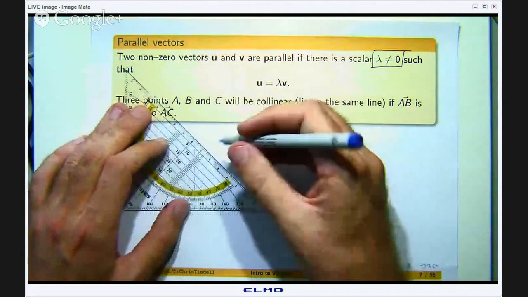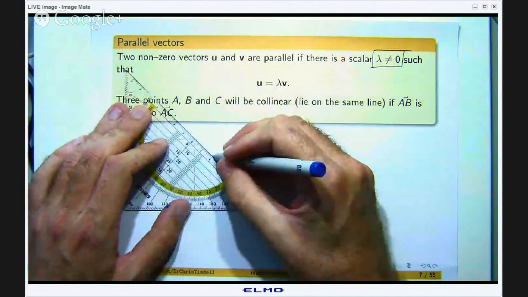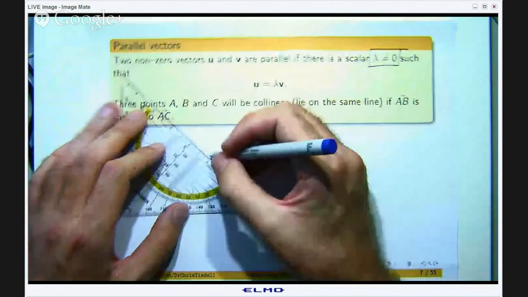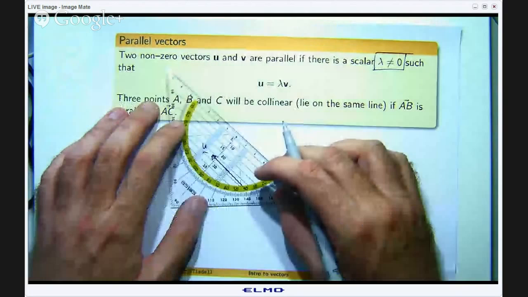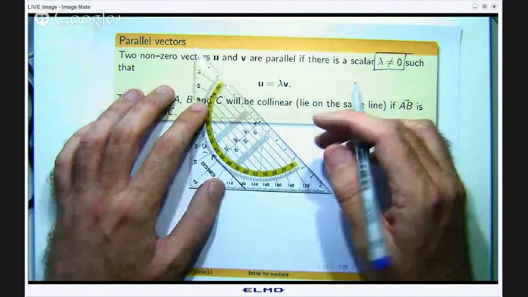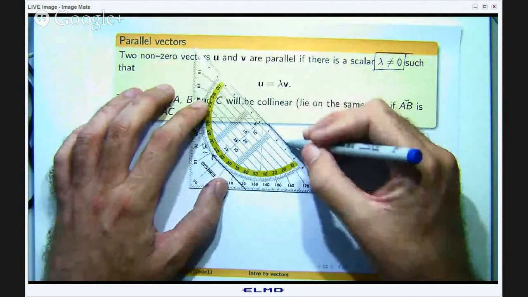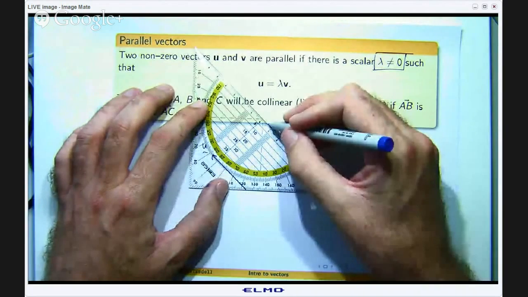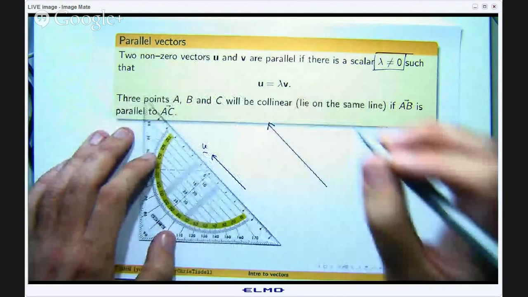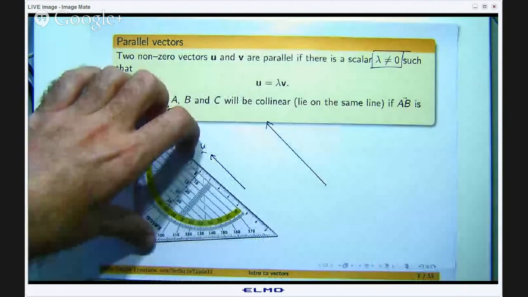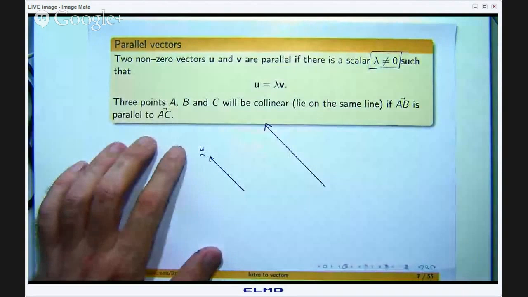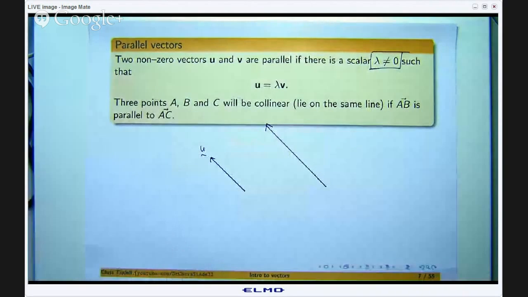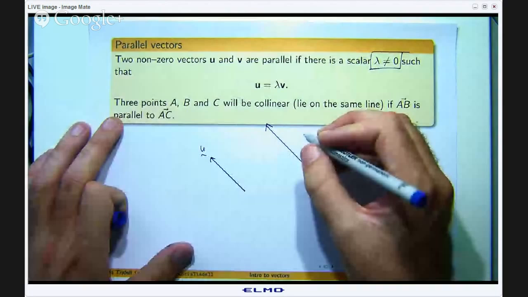Let's draw in a vector u, and I draw in another vector up here. Well, clearly they're pointing in the same direction, and to get this vector, all you have to do is stretch this vector a bit. So let's make this, say, v.